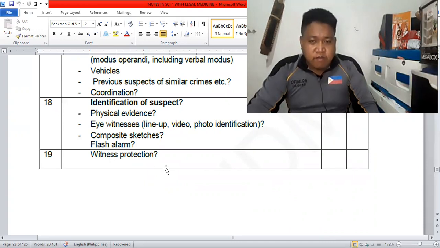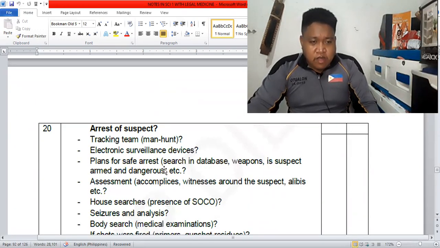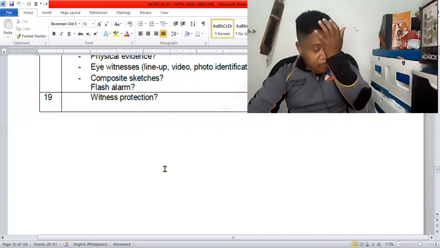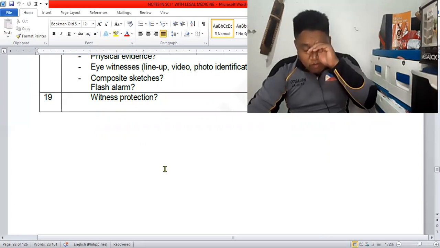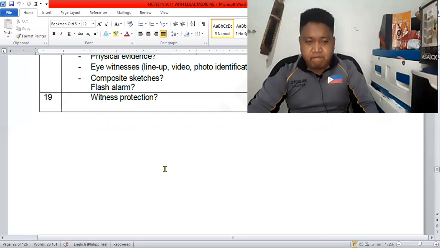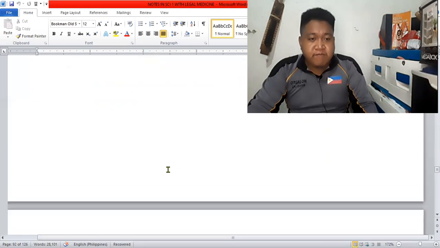Yan ang common bago ka mapunta sa witness protection law. Then pag nasa witness protection ka, the government will secure your safety. They will provide you safe house. They will provide you security. Okay? As to be a witness for the government, as witness to the crime being investigated.